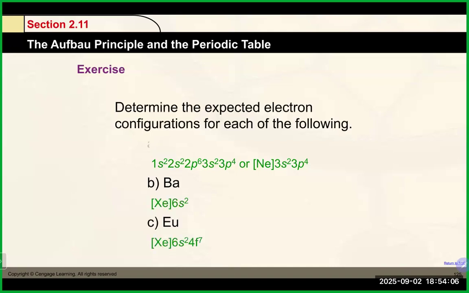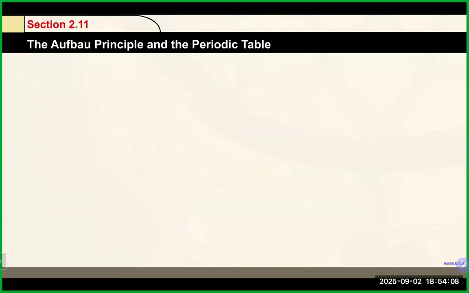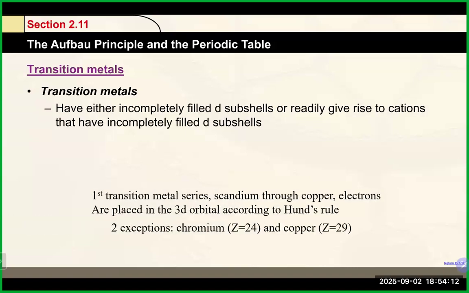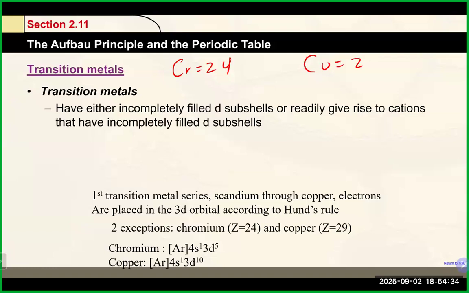All right, so let's take a look at actually one more thing here. So let's talk a little bit about transition metals. There are a couple of exceptions, as I was talking about earlier, and 2 main exceptions to electron configuration happen in period 1 of the transition metals, and that is chromium and copper. And chromium and copper have an electron configuration. Chromium is 24 and copper is 29.